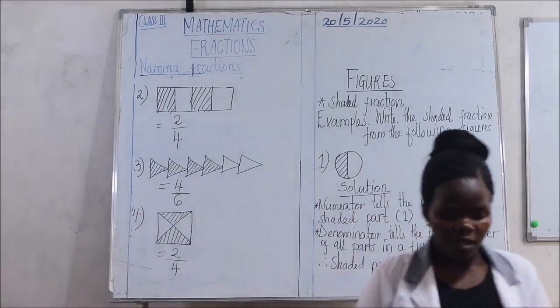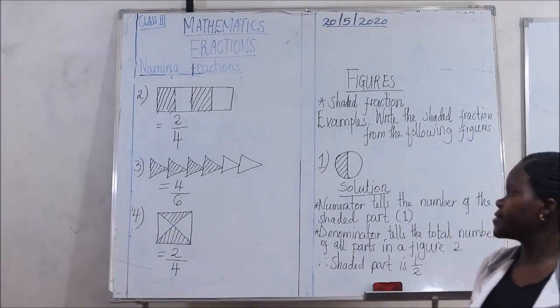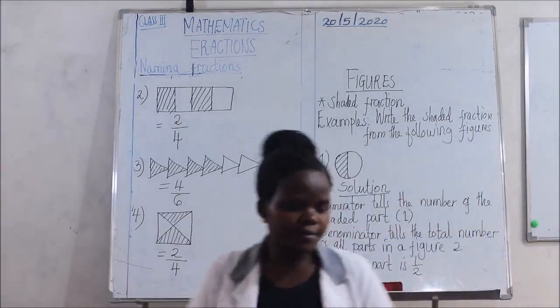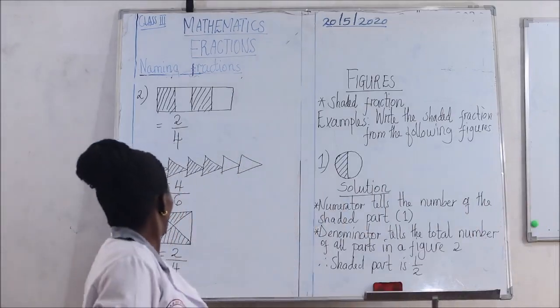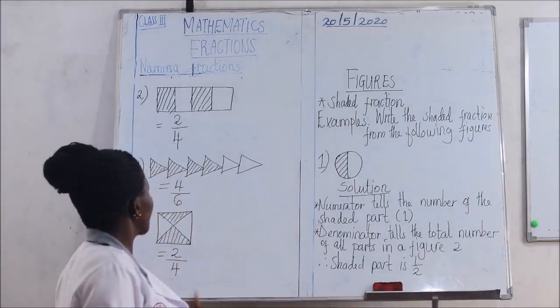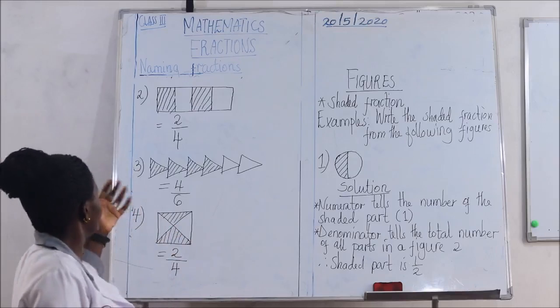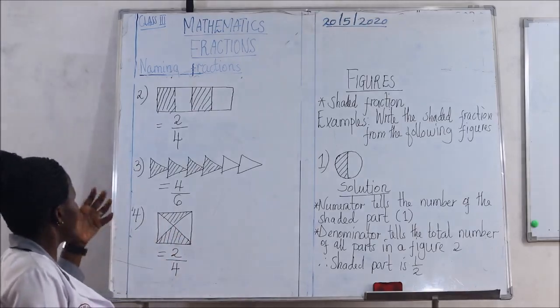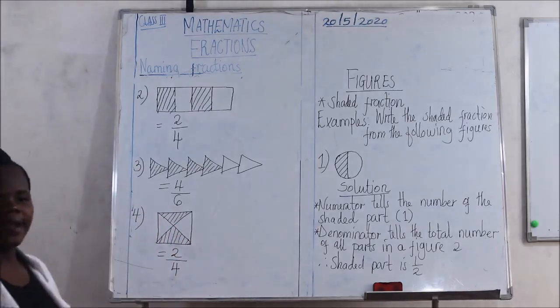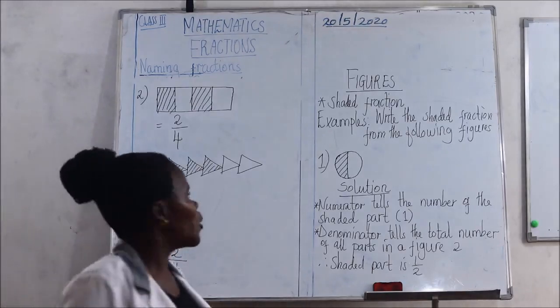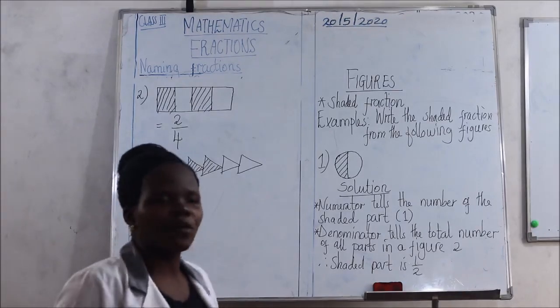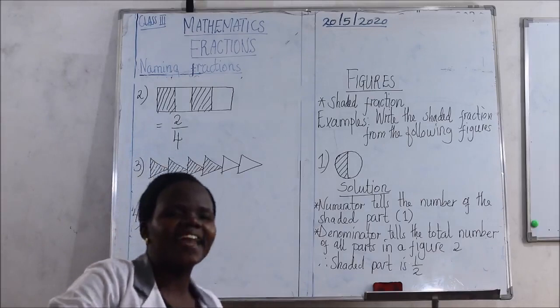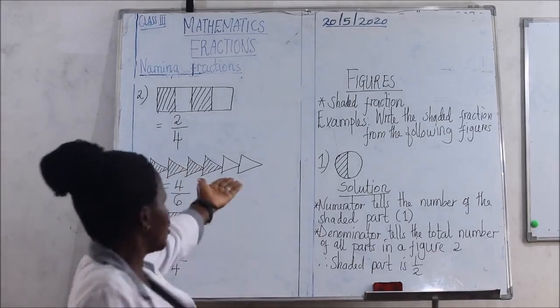And from there now, after naming the fractions and knowing how to write the shaded fraction, let me remind you about the opposite of the question. If you are given the question to write the unshaded part, it is the opposite of what we have done.